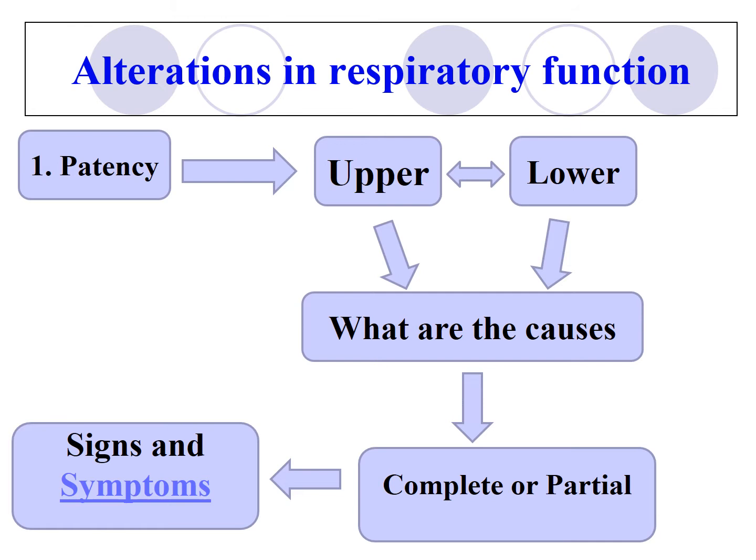If there is stenosis of the bronchi or trachea, in this case you will hear a wheeze in respiration, especially in expiration. Also the respiratory rate will be high in this case, so he might have hyperpnea, and he might have tachypnea.